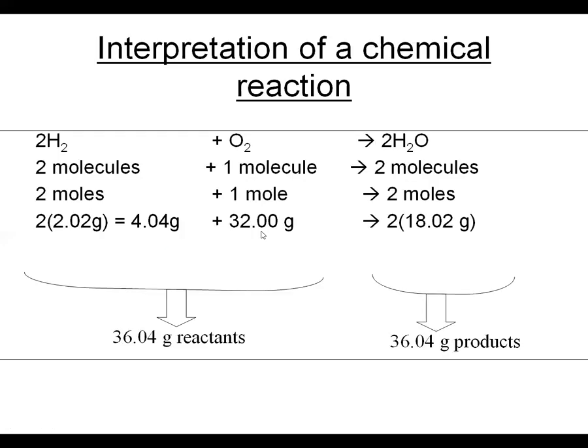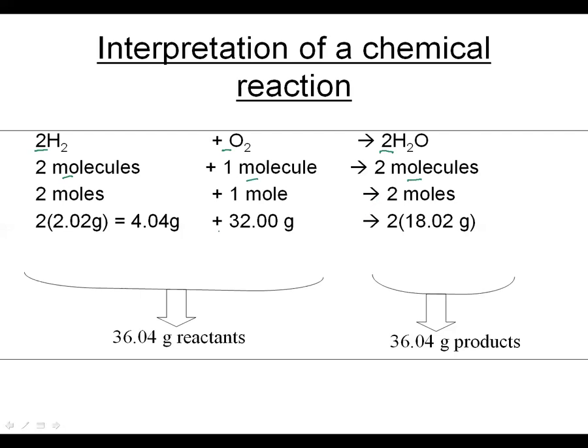So the basis of this approach is when we look at a balanced equation, and none of this, which is stoichiometry, works if we don't have a balanced equation. We could look at these coefficients here, and we could say, for example, in this case, that this is 2 molecules of H2 react with 1 molecule of O2 to form 2 molecules of H2O.